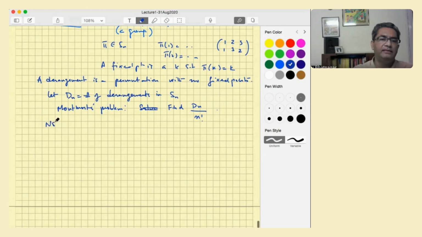So first of all, let's find Dn. So notice that n factorial is equal to the sum of n choose k times Dk. Why is this?